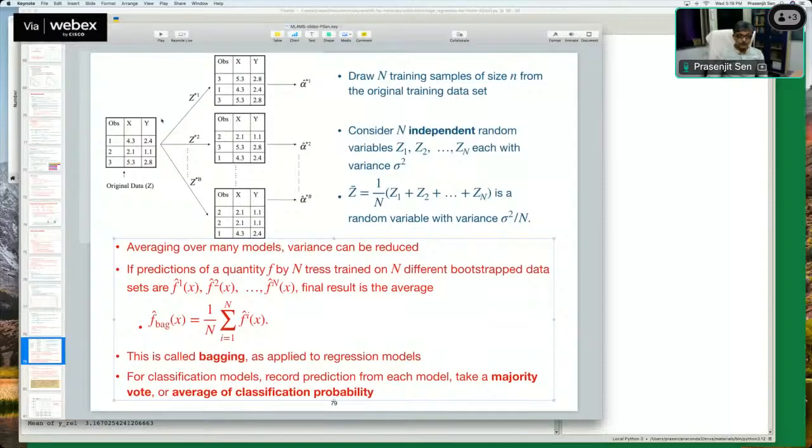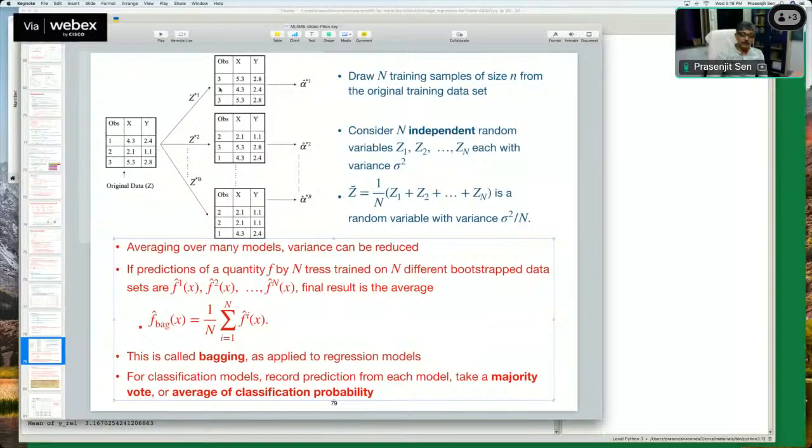If you recall what bootstrapping is, suppose you have an original data set, and I'm showing the values of, let's say, two features, x and y. Here only three samples are shown, but of course you have a large number of samples.